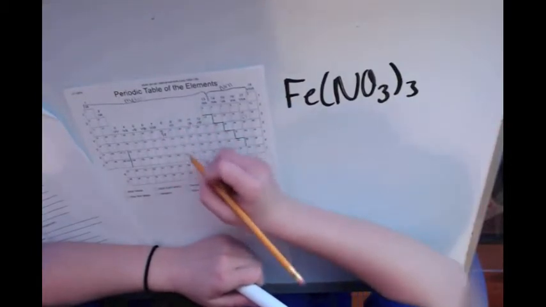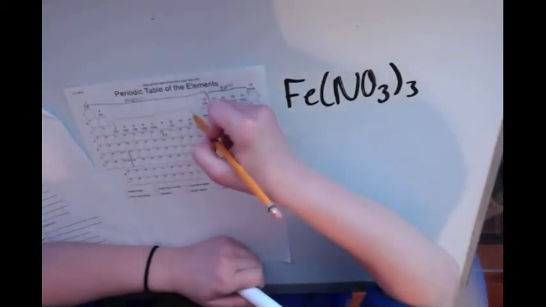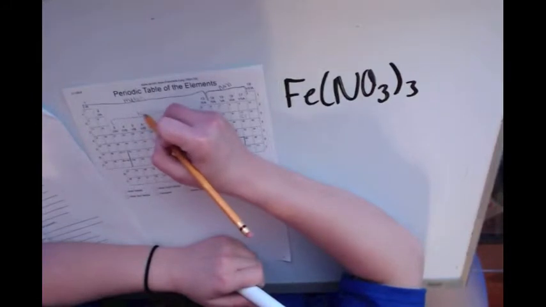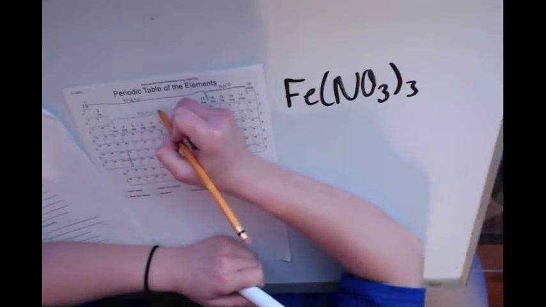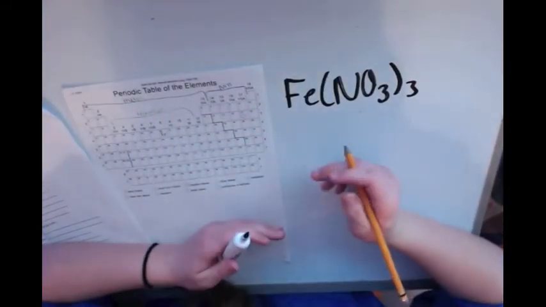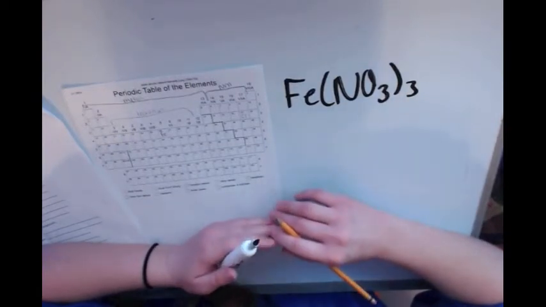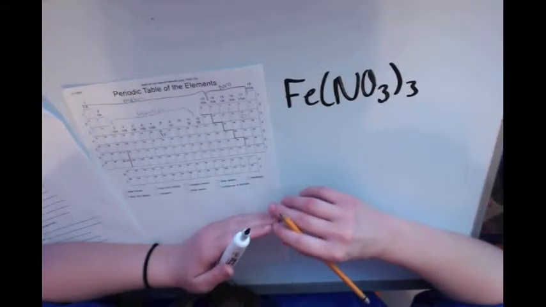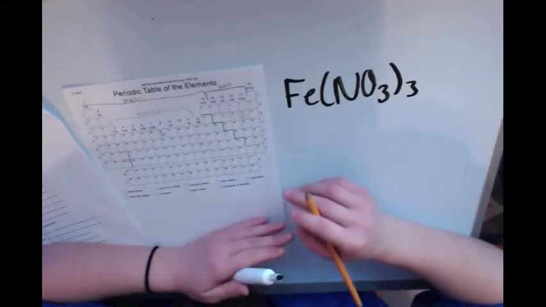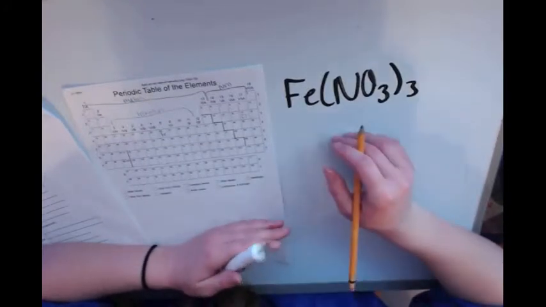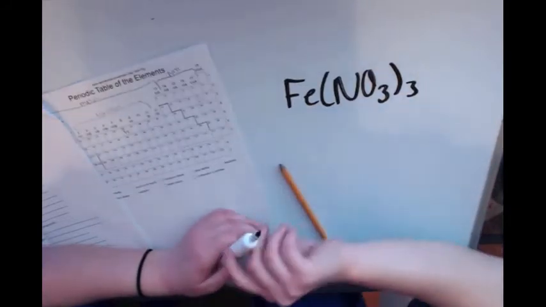This is where iron is. It's in the middle part, and this is your transition metals, right? It's still metals. Now I told you guys that transition metals are just a little quirky. The reason they're quirky is because you have to determine their positive charge depending on the negative charge that they're bonded with.